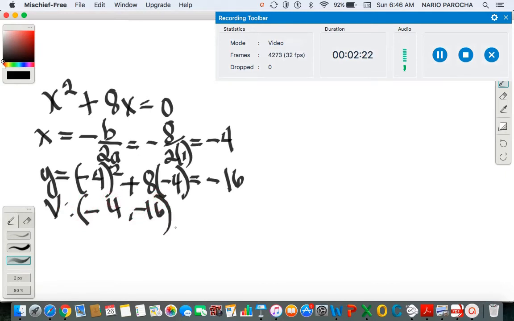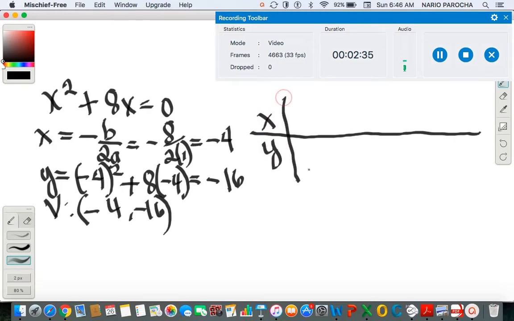But I'm not going to go right away to the sketching. I will create the table of values first. Let that be my x, and this is my y. My parabola is opening upward, and I have an axis of symmetry of negative 4, so I'll put the negative 4 right here in the middle, and negative 16 below it.